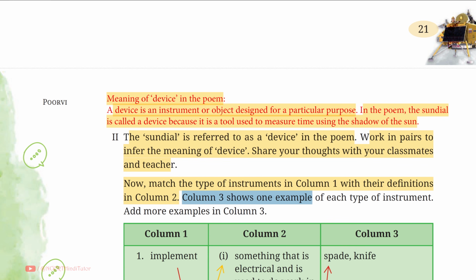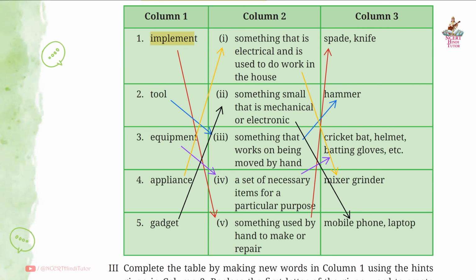Now, match the type of instruments in column 1 with their definitions in column 2. Column 3 shows one example of each type of instrument. Add more examples in column 3. First, implement means something used by hand to make or repair. Example, spade, knife. Second, tool means something that works on being moved by hand. Example, hammer.